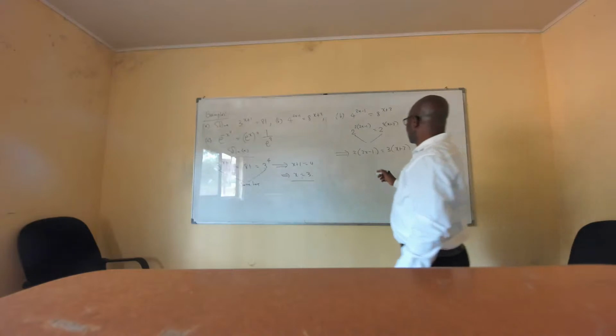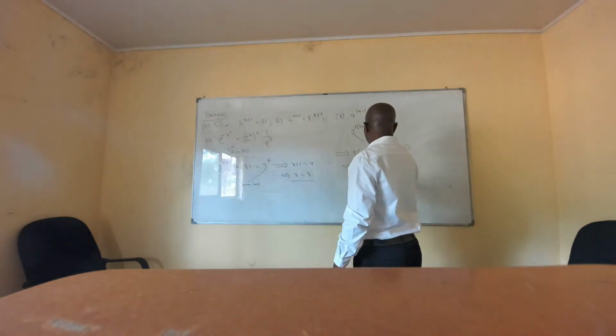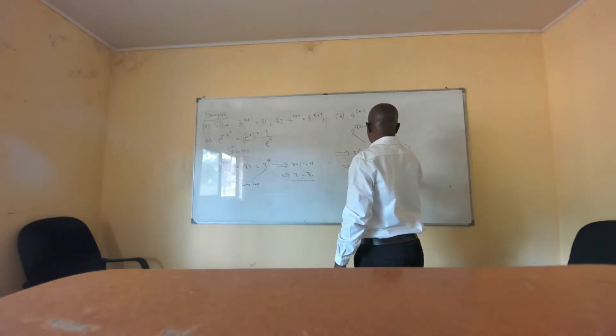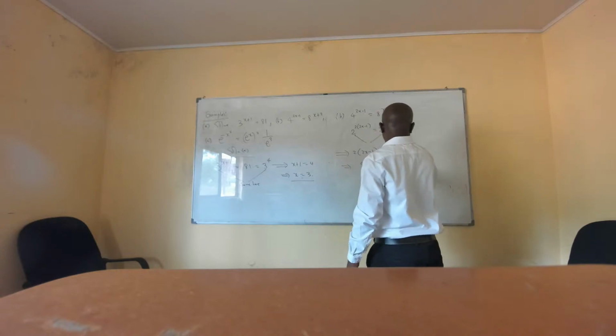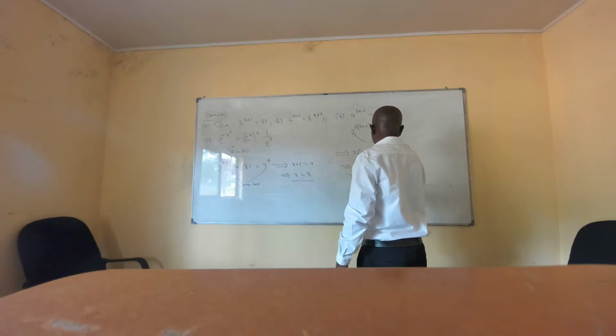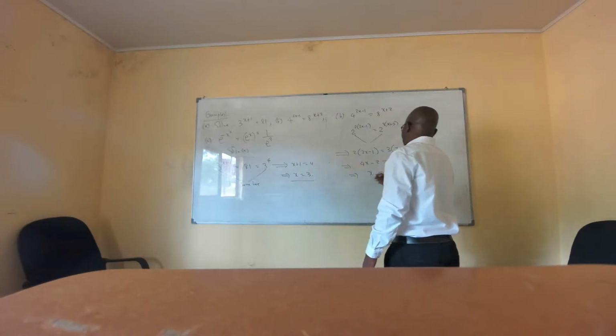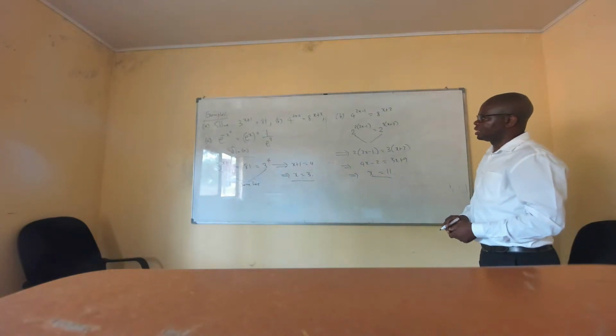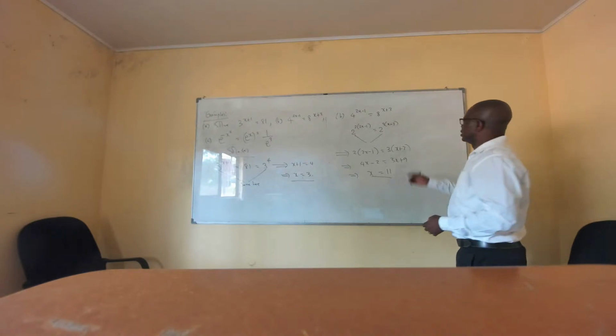Okay? And when you work out, 4x minus 2 equals 3x plus 9. Solving for x, this will be x equals 11. We can check that that is indeed the solution.